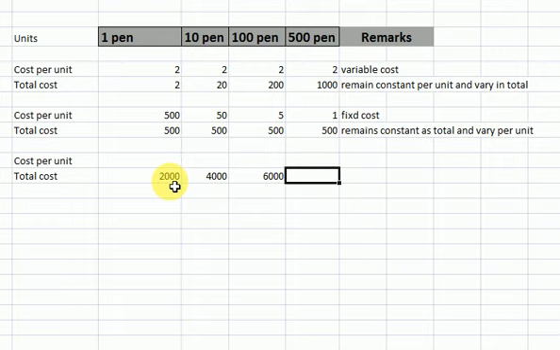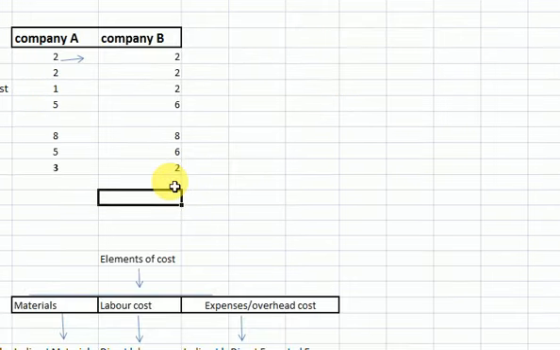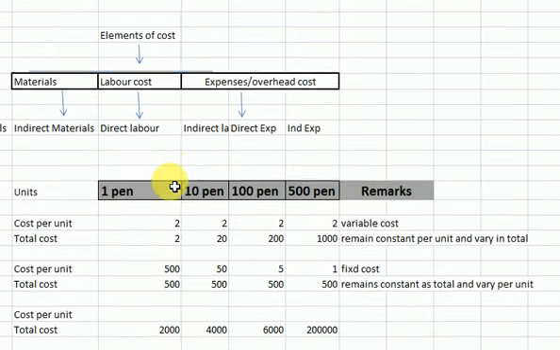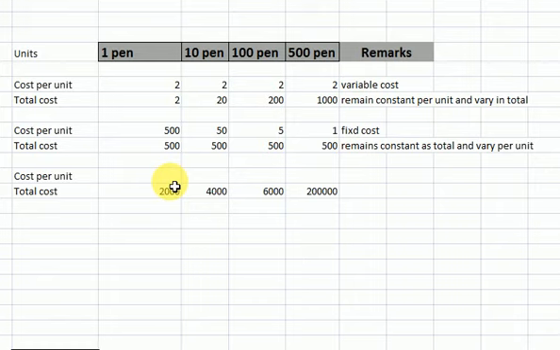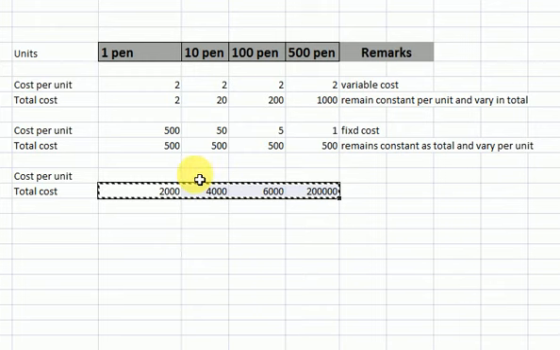And here my total cost is 20,000, let's suppose.